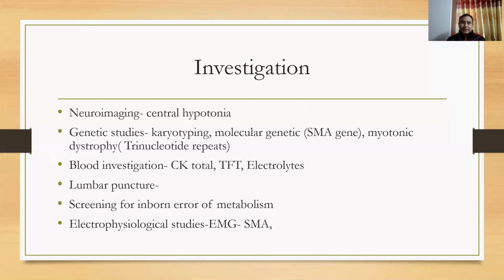And if you are thinking of neuropathies, myopathies, or anterior horn disease, electrophysiology, especially EMG, can help us in that scenario. There are so many tests, but which test we perform and which tests should come earlier should be guided by the history and the clinical examination.